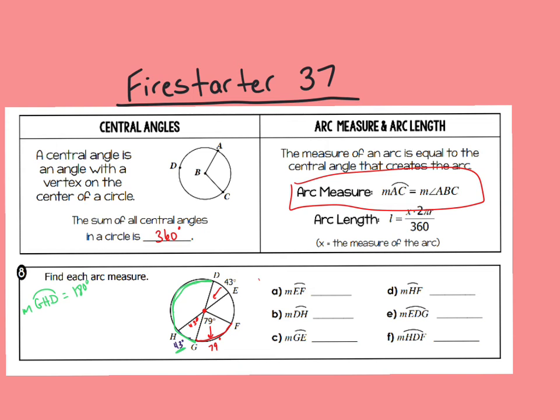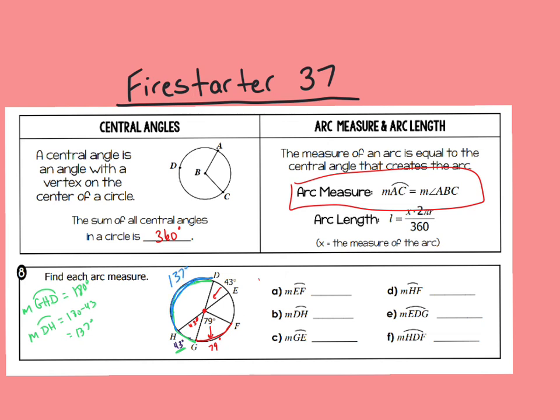So if I know that's 43, to find the measurement of DH, I'm going to just do 180 minus 43, and I'm going to get 137 degrees. So I haven't even looked at the stuff to the right. I'm just filling out everything I can in the circle. So the whole thing is not 137. So like from here to the blue line is 137 degrees.